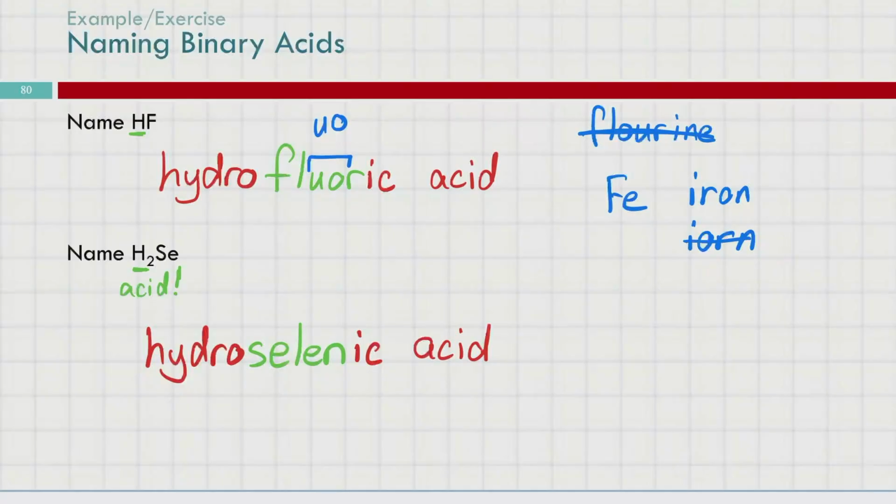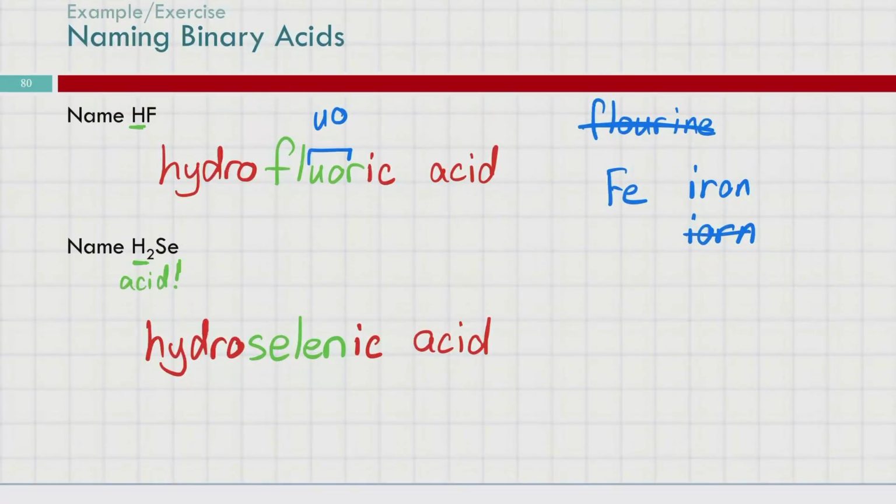The reason for the different number of hydrogens in front is the type of anion that the nonmetal forms. So fluorine, if you find it on our periodic table, it's one of our halogens. It's at the top of the halogen group. It wants to form a 1- ion because it's one space over from the noble gases.